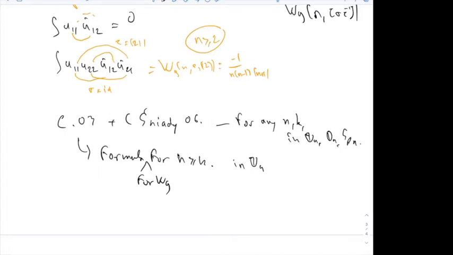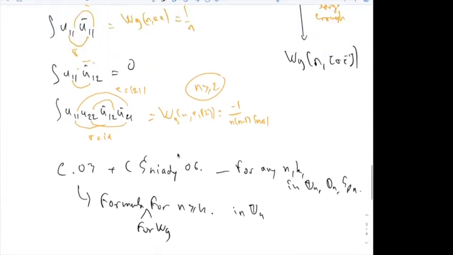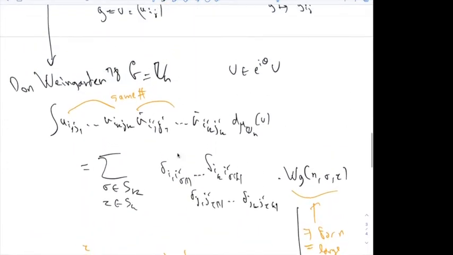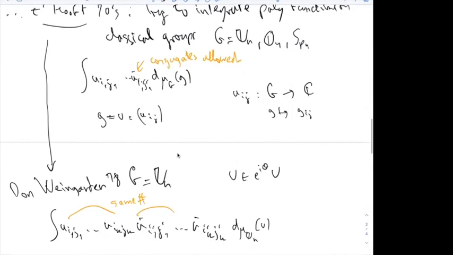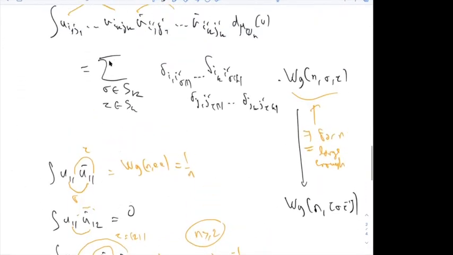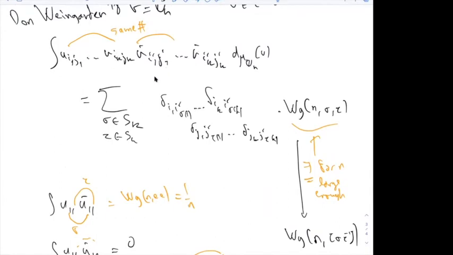Something which is important as well, though I probably will not have too much time to speak about it today, and I would say this was really also the important idea of 't Hooft and Weingarten, is this. In principle, we are trying to solve it for a fixed n.